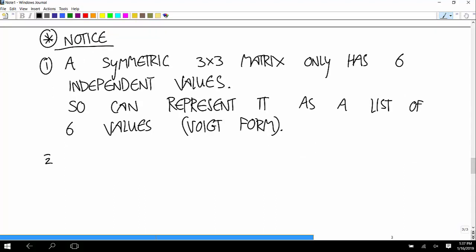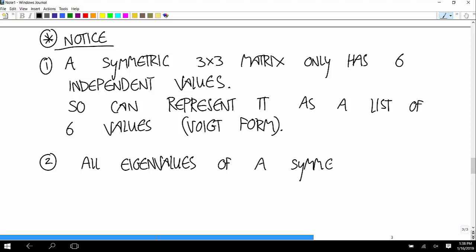And the second one is, all eigenvalues of a symmetric matrix are real.